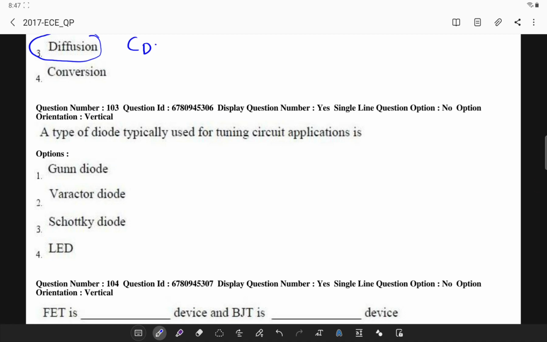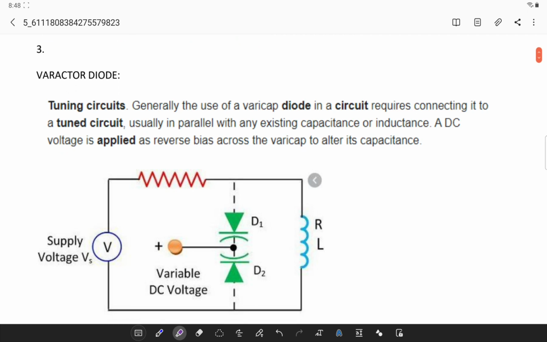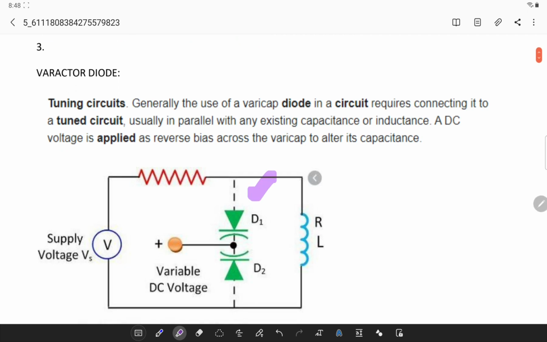The next question, what is the diode which is typically used for tuning circuits? Mainly tuning circuits use the varactor diode, which the student must know. The varactor diode is shown in this particular circuit.